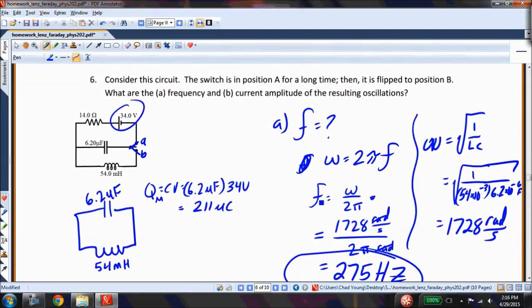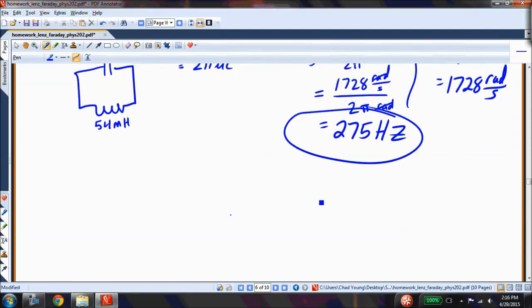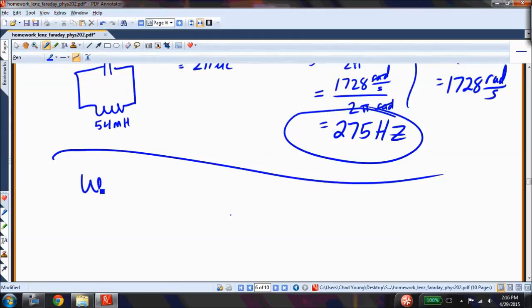In part B, I want to know what is the current amplitude. Work it the same way as we did before. We say that the magnetic energy, UB, is equal to UE. The magnetic energy is equal to the electric field energy.